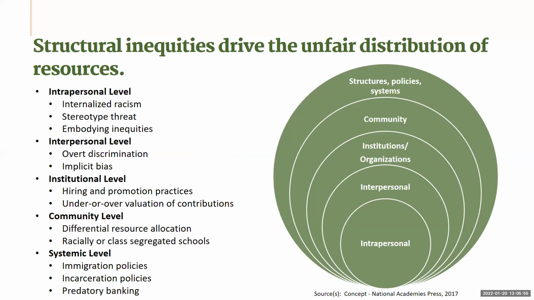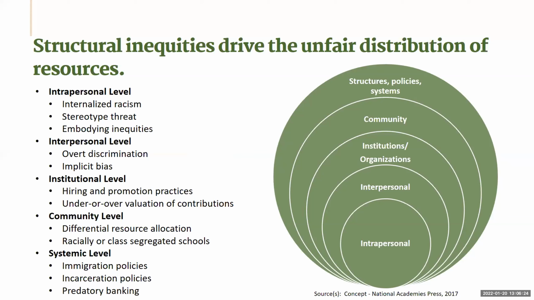So looking a little bit deeper into the structural inequities that drive these unfair distributions of resources, we can see that there are many levels by which the social determinants of health operate. For the intrapersonal level or individual level, these mechanisms are individual knowledge, attitudes, beliefs, and skills. At the interpersonal level, they're families, friends, and social networks.